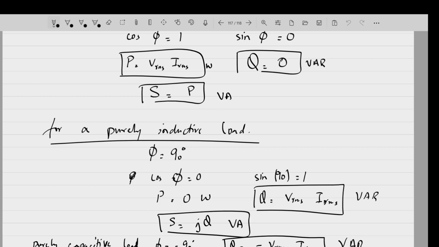So there is a continuous energy transfer between source and your reactive elements. अब इन दोनों में क्या डिफरेंस है इंडक्टर और कैपेसिटर में? One will consume positive VAR, another will consume negative VAR for that particular half of the cycle. Next half of the cycle में again उल्टा होगा. ठीक है. So they can actually compensate for each other.